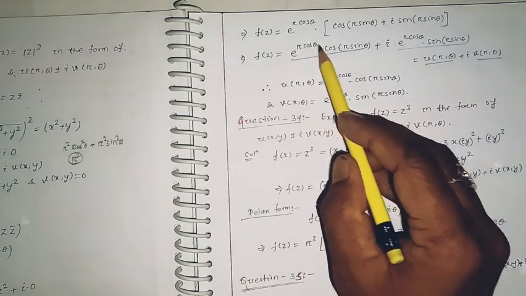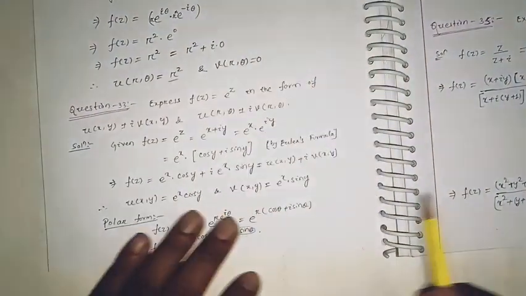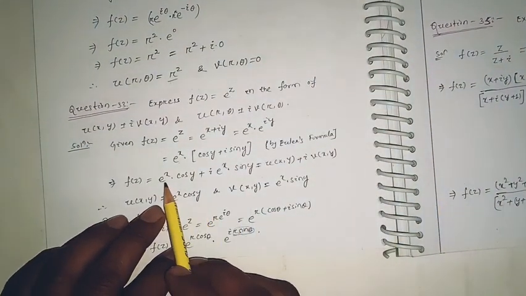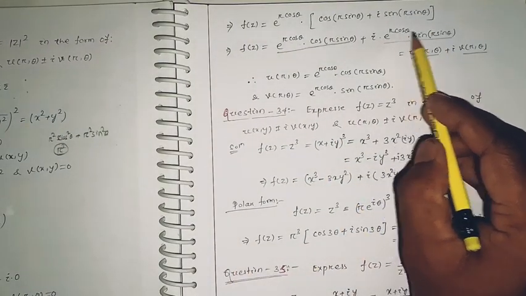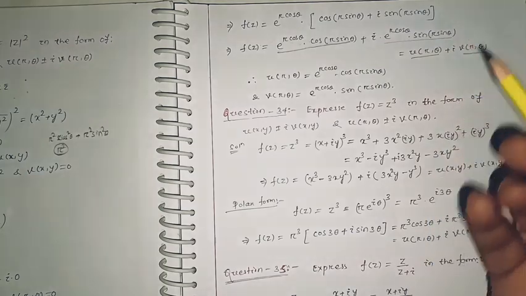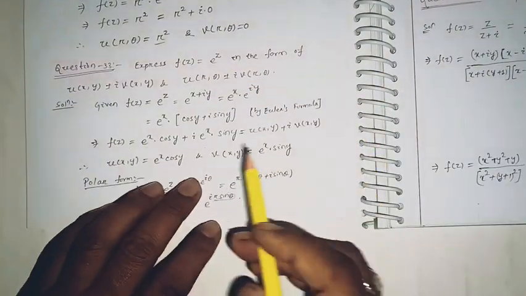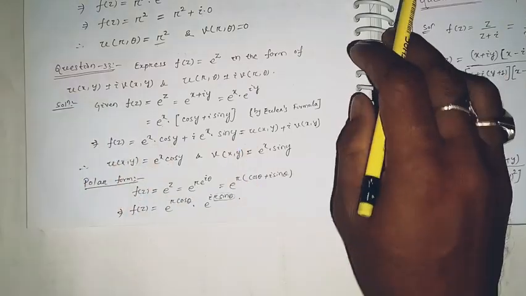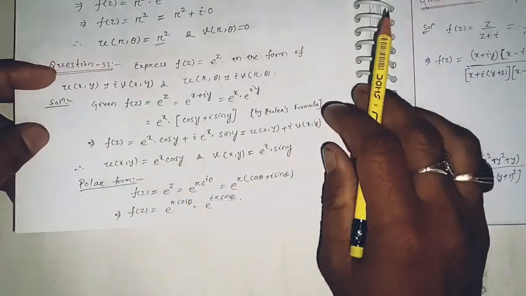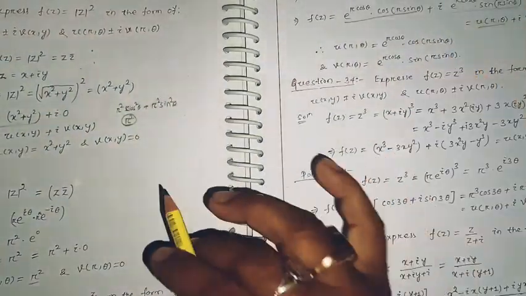So it will be e to the x into cos y, what we found here in the Cartesian format, plus i into e to the x into sin y. So we can jump from Cartesian to polar, or polar to Cartesian.